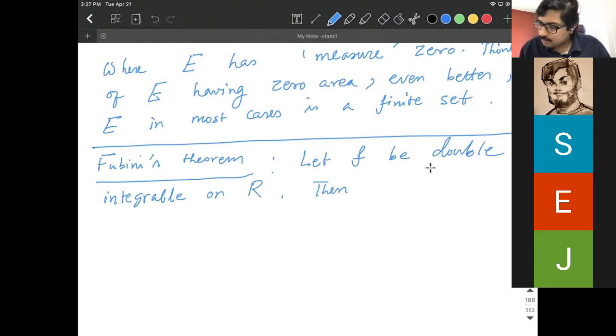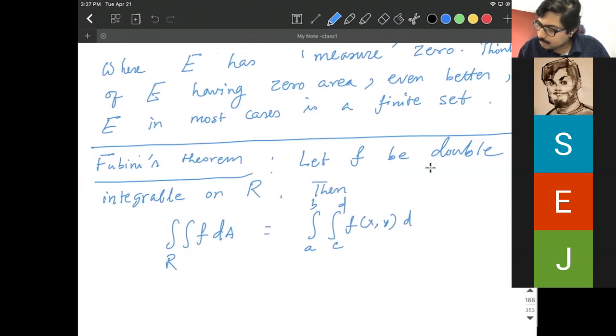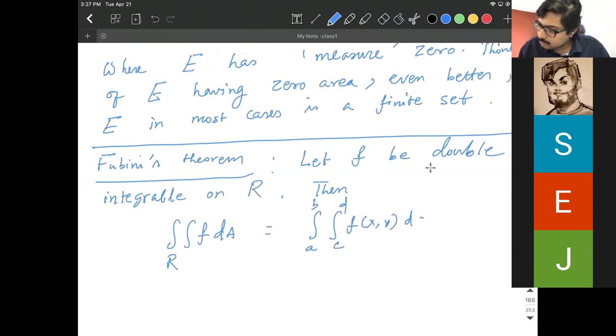So the double integral of F dA is equal to, first you can integrate along CD, and then you can integrate along AB, or you can do the other way around.